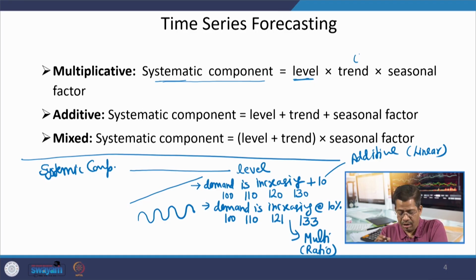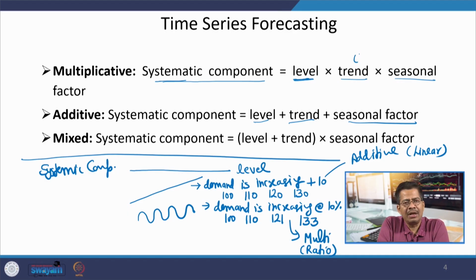So, if all the components are multiplicative in nature, then level multiplied by trend multiplied by seasonal factor will give you your systematic component. If all these are additive, then level plus trend plus seasonal factor will give you your systematic component. Our objective is to determine only the systematic component.